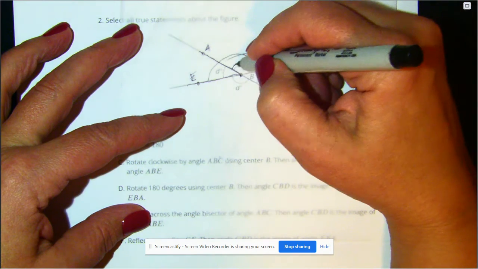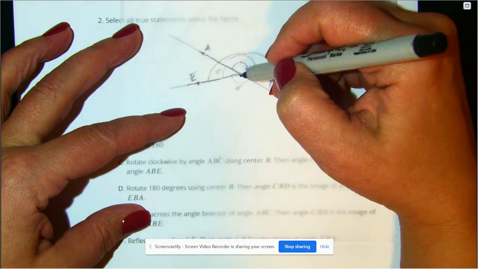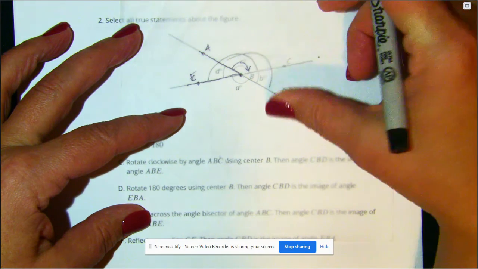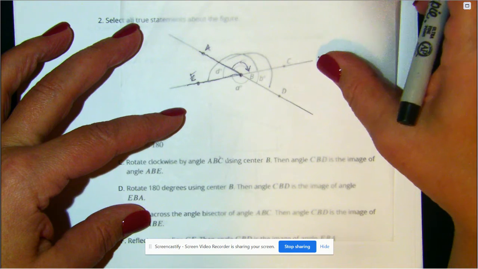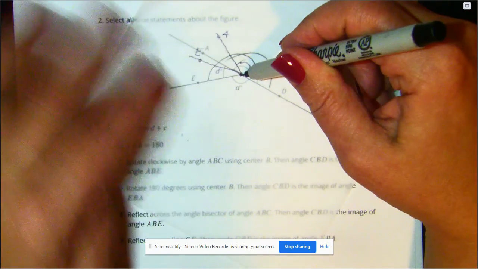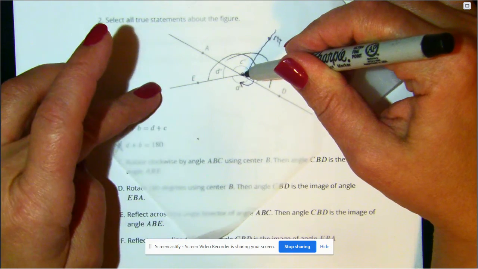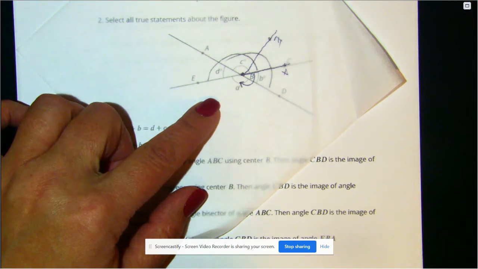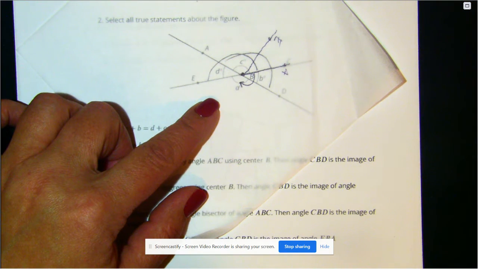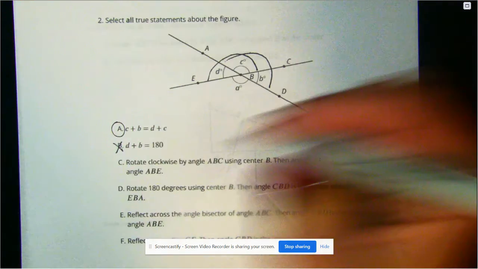I'm going to rotate it this much clockwise. And then it says, then angle CBD is the image of ABE. So, nope, that is not on CBD.